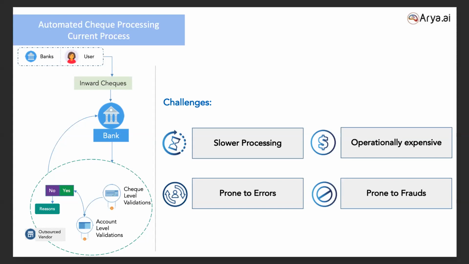So the major problem over here is that it's all manually driven. Definitely it's a slower process, because at the end of the day they get an average of around 3 lakhs to 4 lakhs checks per day, in India at least. So the manual person has to perform all these operations of clearing the check within a given set of time, because in the morning they have to submit the whole audit to NPCI again, because the clearing has to happen in the night period itself.